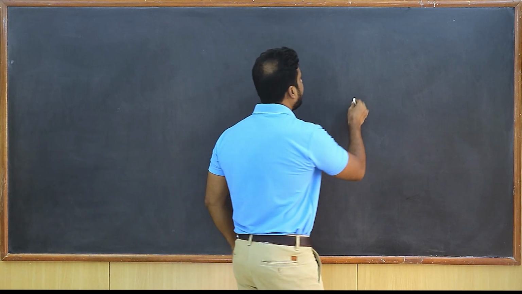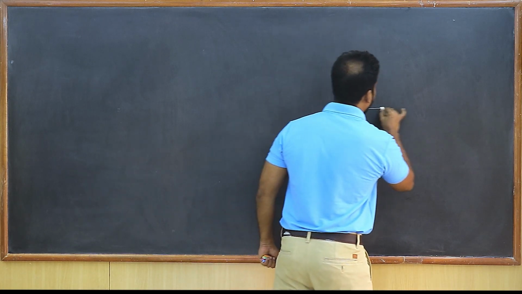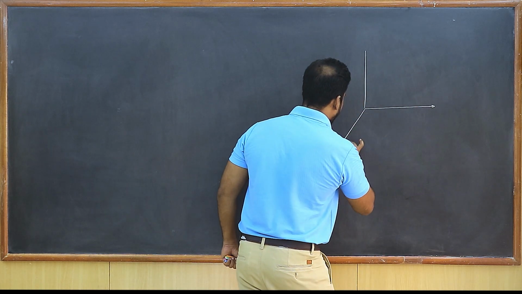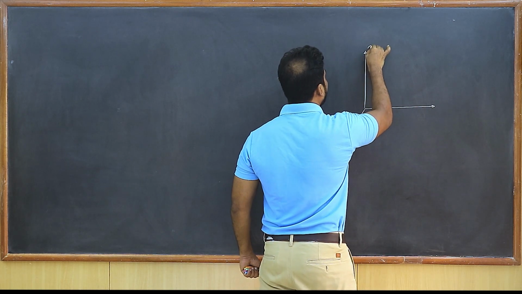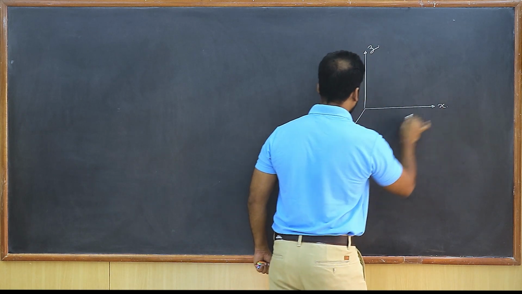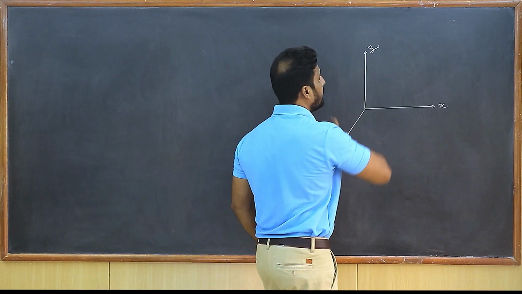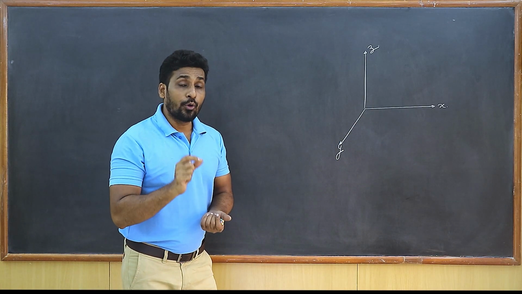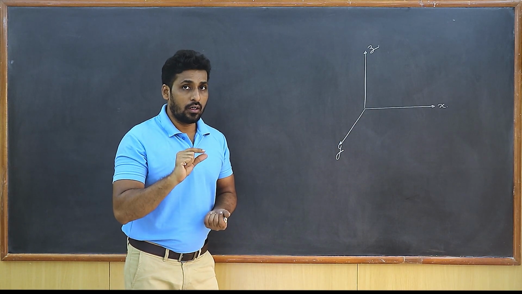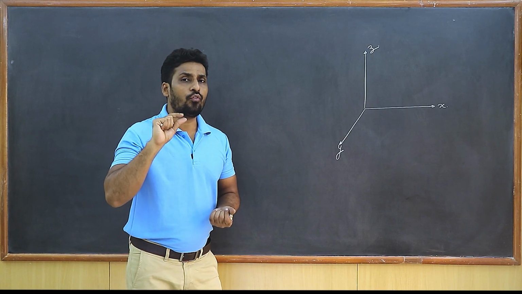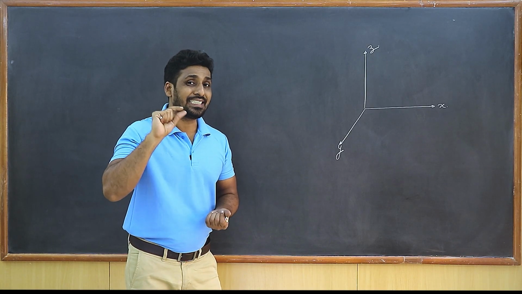Suppose, students, I take the x-axis, the y-axis, and the z-axis. So there is x-axis, there is y-axis, and then there is z-axis. Now, I'm going to take a plane figure such that it is of very minute thickness, say t.